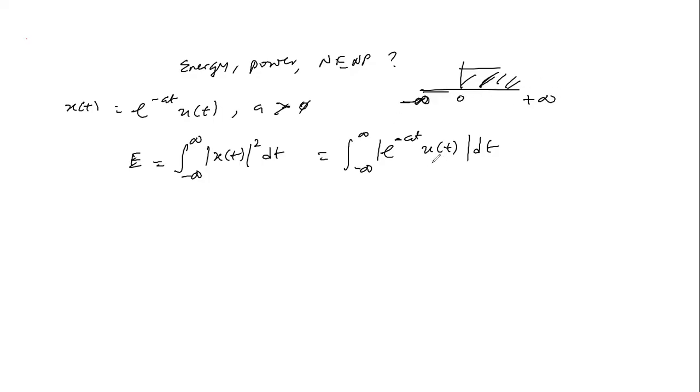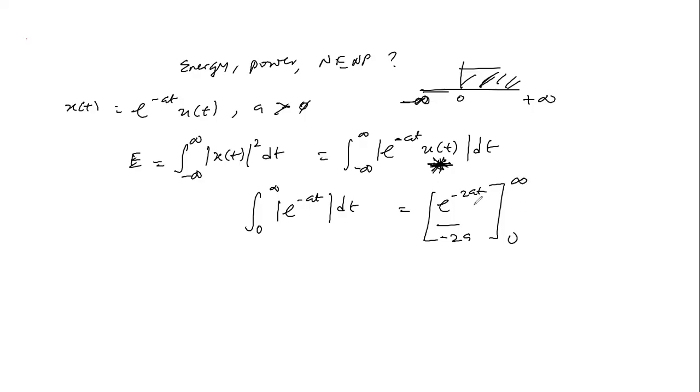Hence, the step function changes the limits of integration such that we now have 0 to infinity epsilon to the power minus 2a t dt. And now this gives us epsilon to the power minus 2a t over minus 2a from 0 to infinity.